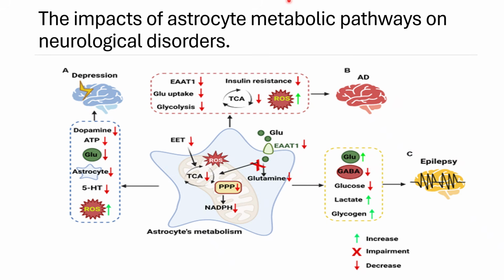Alzheimer's disease is a neurodegenerative disorder that is characterized by progressive cognitive decline, as well as loss of memory and dementia. There are many theorized causes of Alzheimer's disease, one of the main causes being metabolic dysfunction.